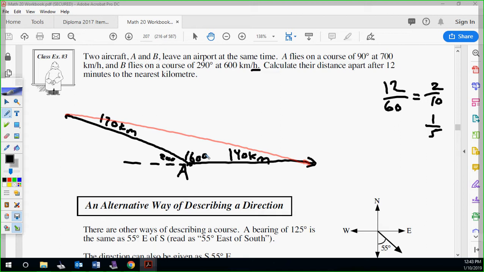That's cosine law. So we're going to call this side A because it's from the airport. A squared equals 120 squared plus 140 squared minus 2 times 120 times 140 cos 160.